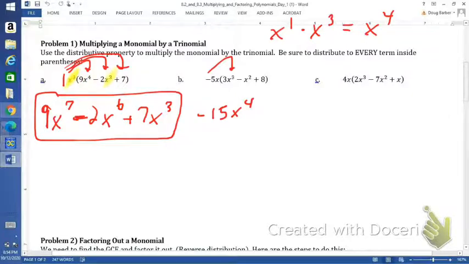And then we have a negative 5x times the negative x squared. That's going to be a positive 5x cubed. And then negative 5x times 8 is going to give us a negative 40x.